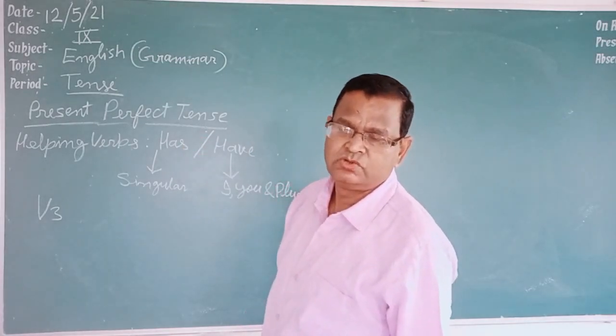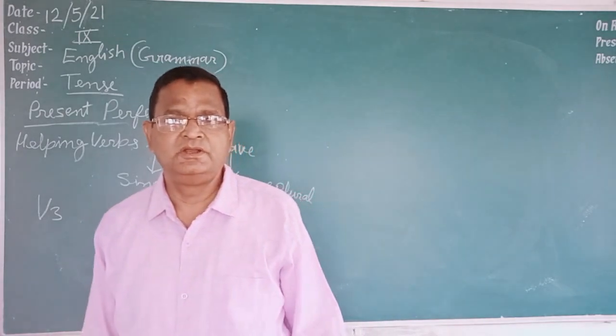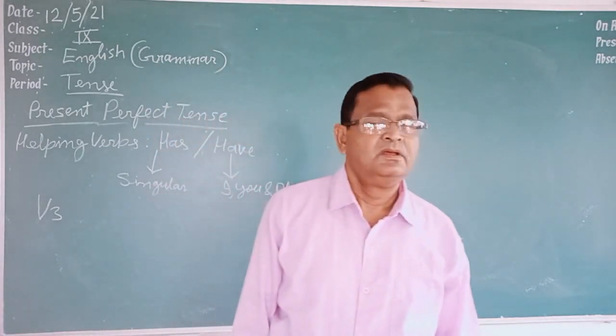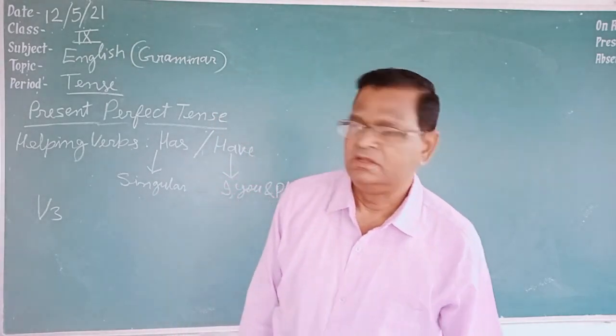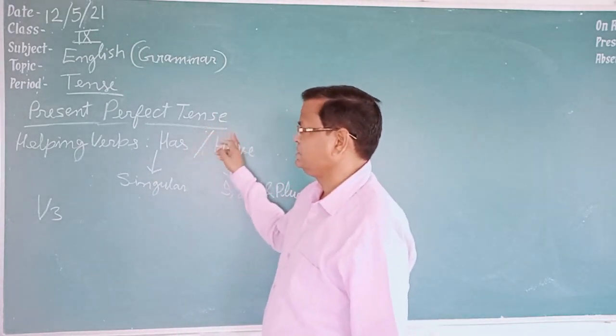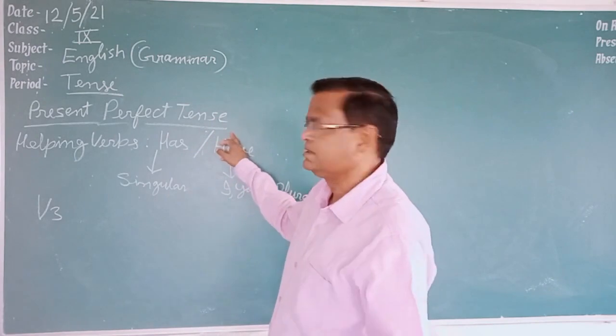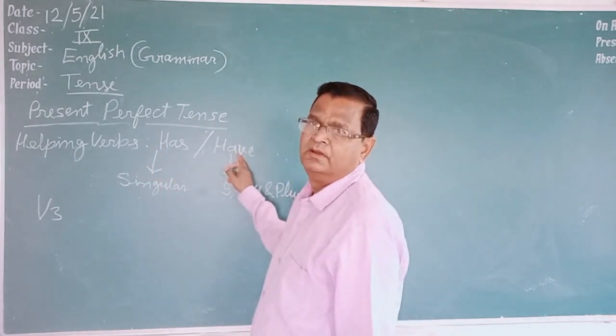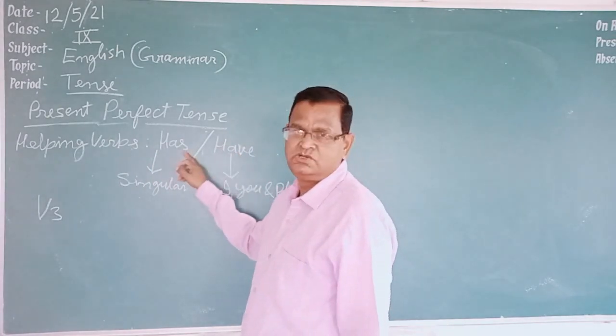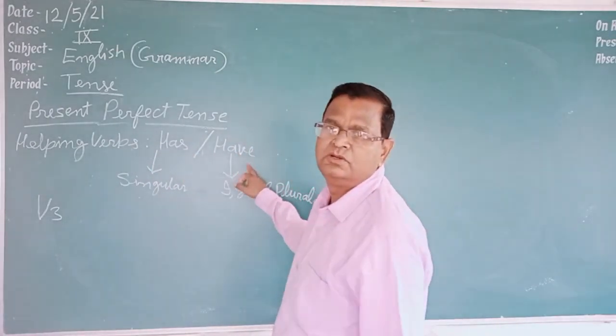Students, I have also told you that any tense can be recognized by its helping verb and the form of the main verb. In this tense, present perfect tense, two helping verbs are there, has and have. But here we have to know where has is used and where have is used.